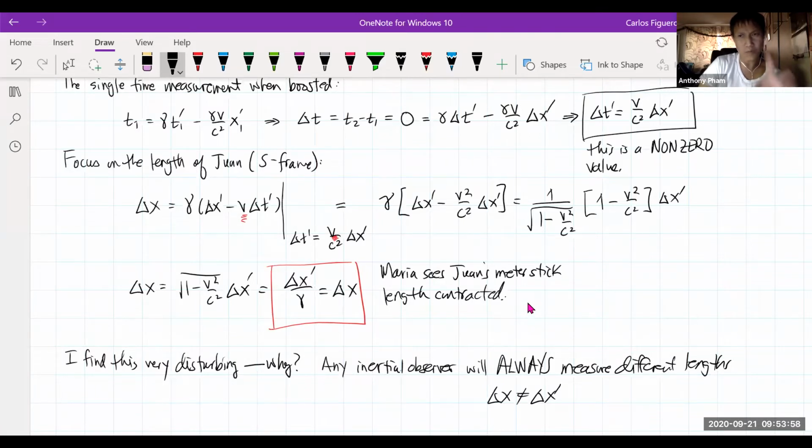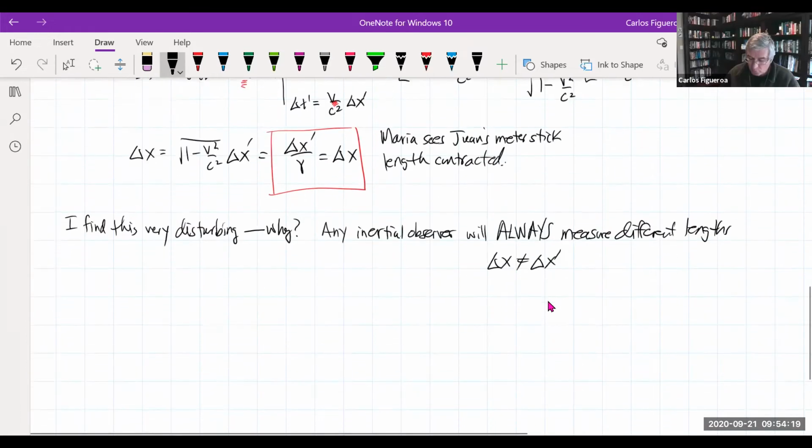Professor, when that person sees that, do they see that person's length at both times? Because I thought in terms of the length contraction, you can't actually see that. Well, what do you mean you can't see that length contraction?